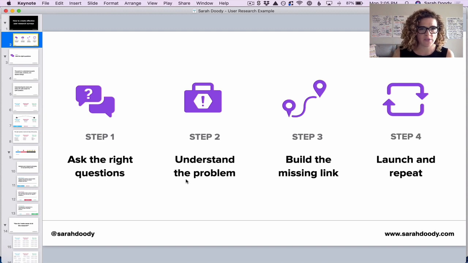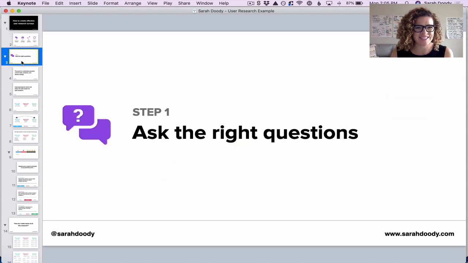So we're not going to touch on that, but the idea is we are initially going to do some research, and then in steps 3 and 4, you would be building the product to help solve the problem that you uncover in steps 1 and 2. So let's get started right into the Ask the Right Questions section.